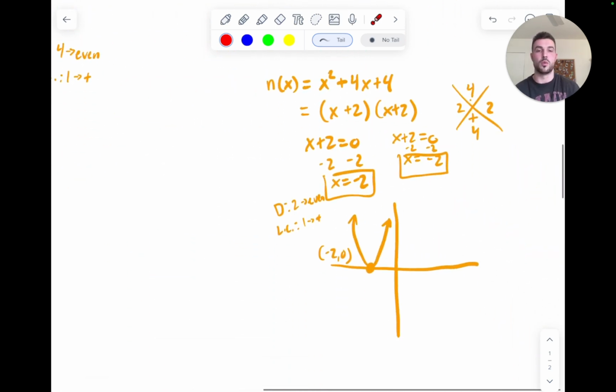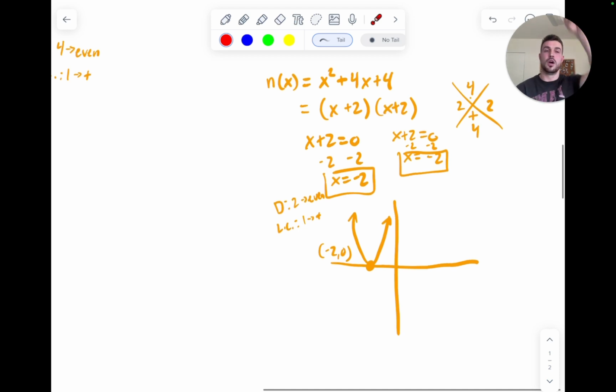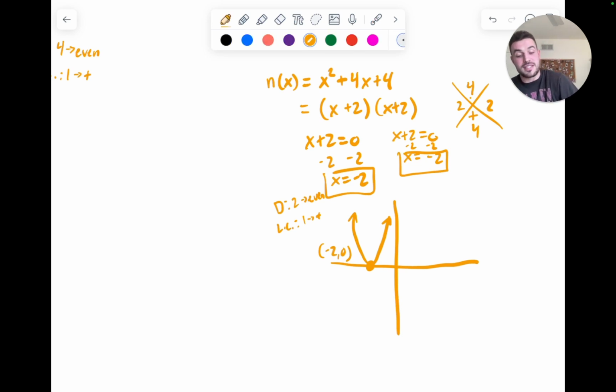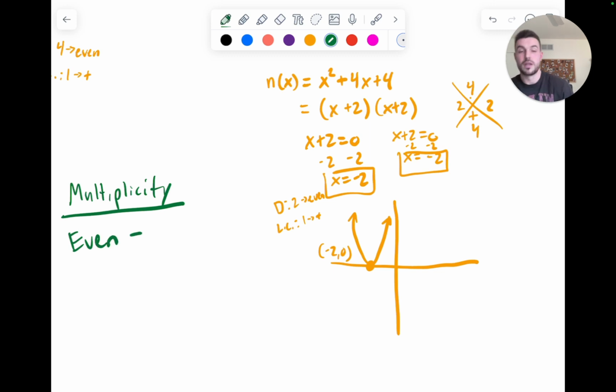However, when our multiplicity was 2, once we went down from that function, we intersected at that x-intercept, and we went right back up in the other direction. We call that a bounce. So when your multiplicity is even, that means that the function is going to bounce at that x-intercept.